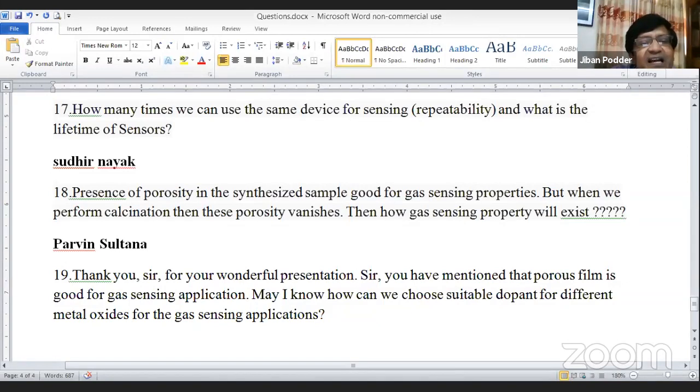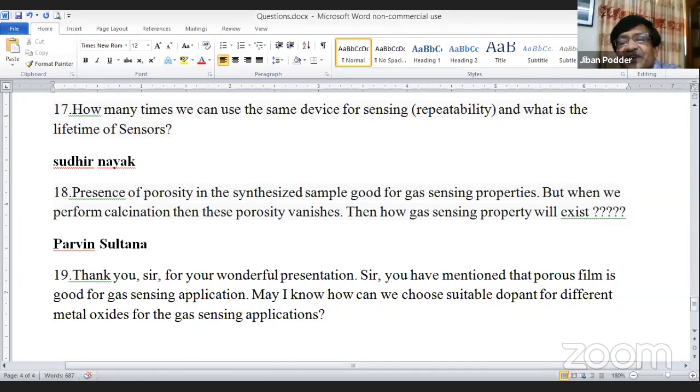Is the presence of porosity in the synthesized sample good for gas sensing purposes? This is okay. But when we perform calcination, the porosity vanishes, so how will the gas sensitive property increase? Yeah, that is true actually. We must need the porosity for the purpose of absorption. Absorption depends on the surface morphology.